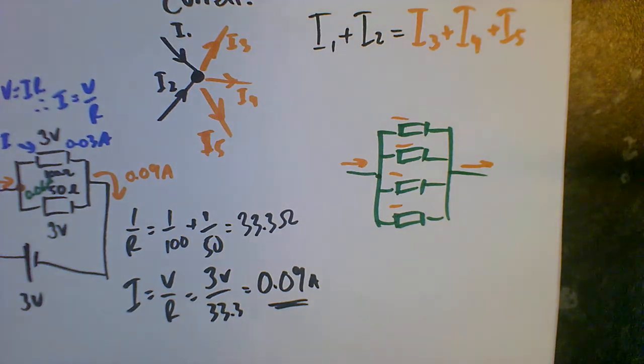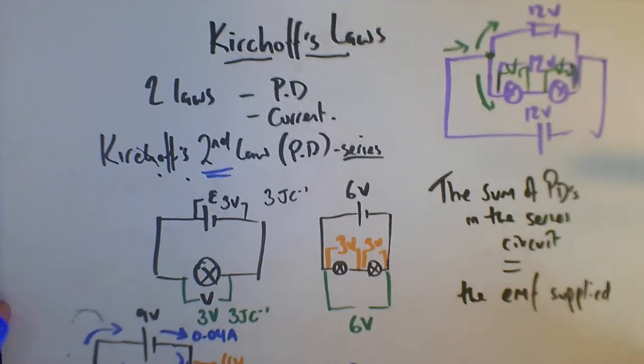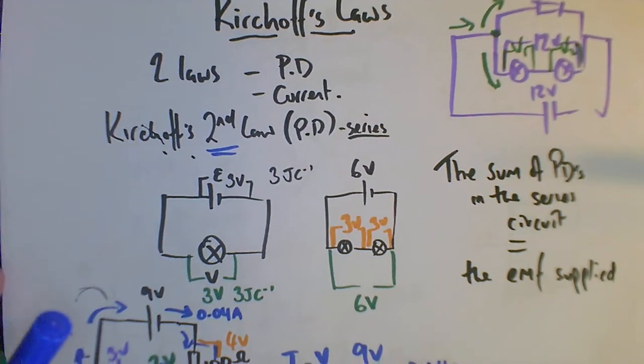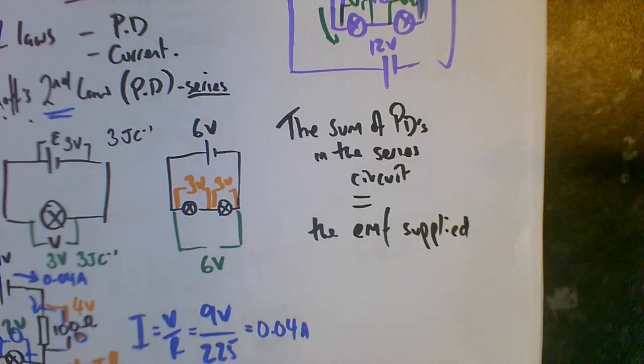The second one, which is probably just as equally important, is Kirchhoff's voltage law, the second law, where the sum of the PDs in the series circuit will always equal the EMF supplied.